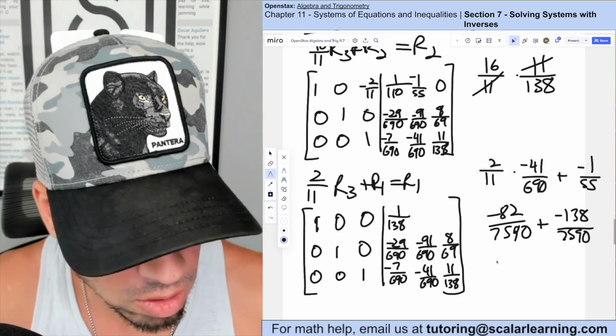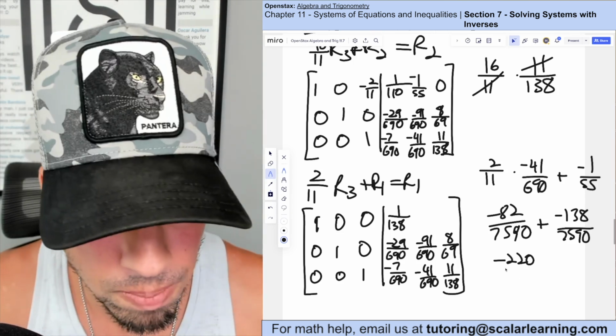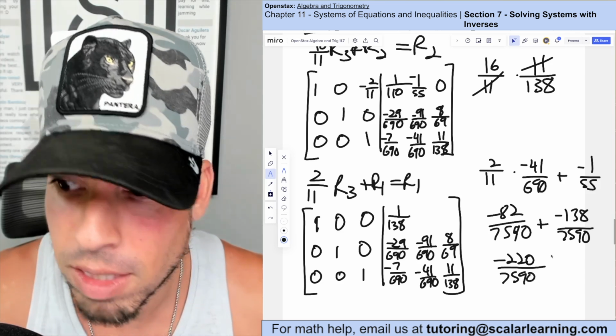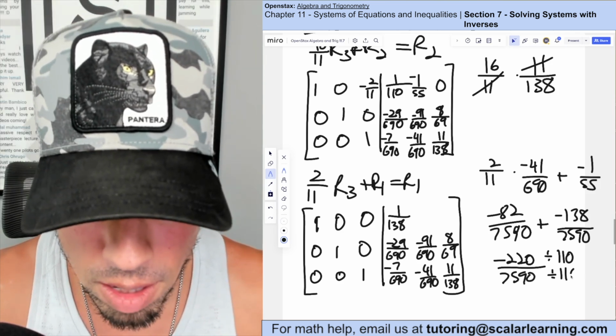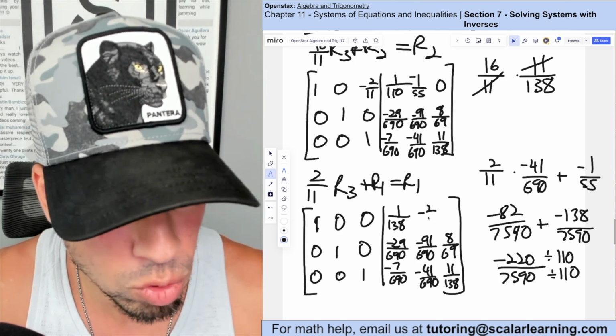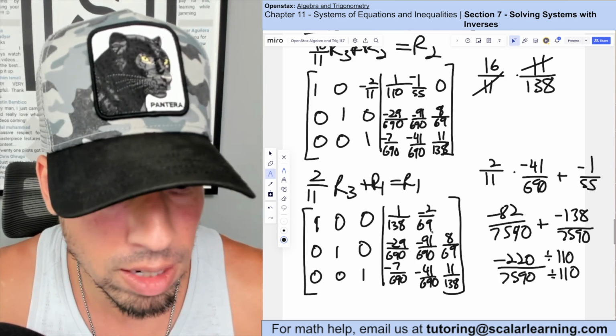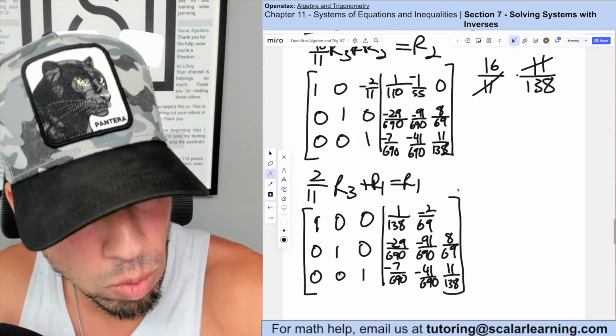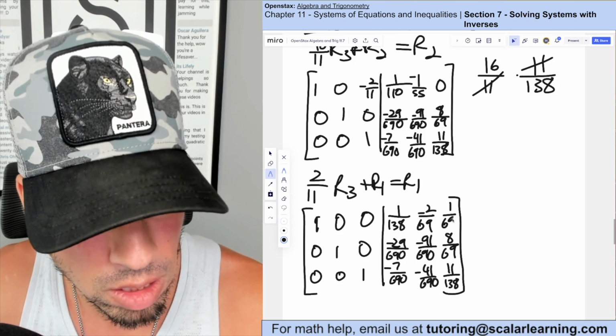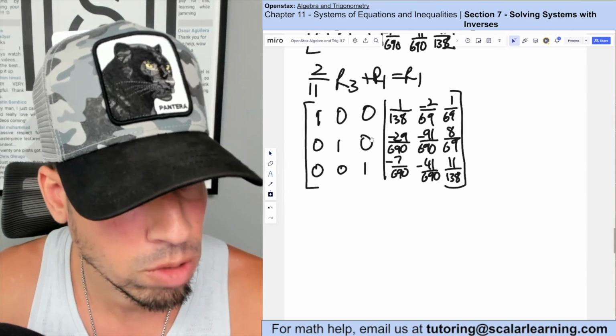And these two added together are negative 220 over 7590. And then we divide top and bottom by 110, okay, and we get negative 2 over 69. Last but not least, 2/11 times 11 over 138 gives us 2 over 138, or 1 over 69. All right, great. There's our inverse matrix right here.